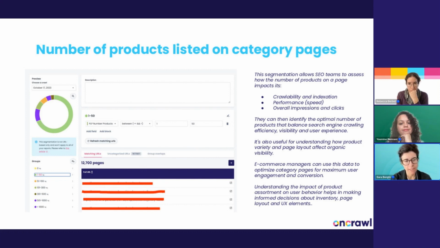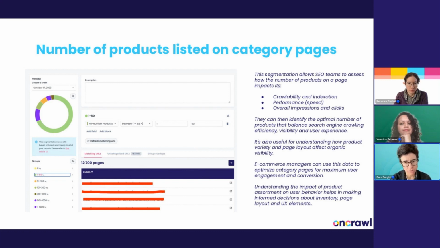And this is a very useful segmentation to find the sweet spot in terms of crawlability, performance, and traffic. And it can really help not only the SEO team to structure the page in a way that has the right number of products, but also the usability and the UX teams to make templates that are effective based on the data you get from Oncrawl, from the analysis.